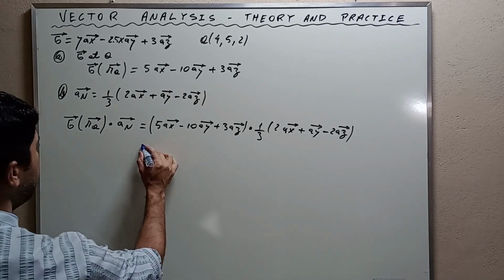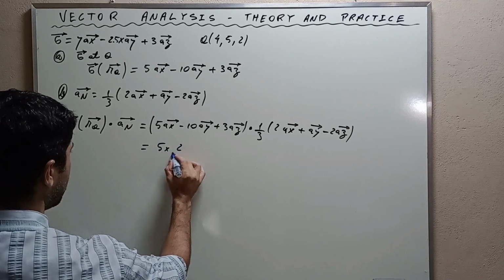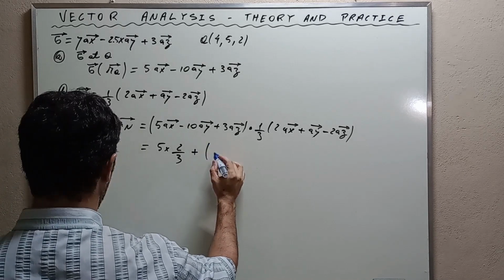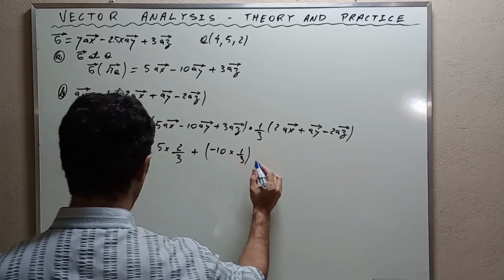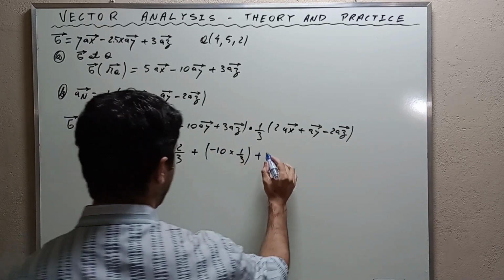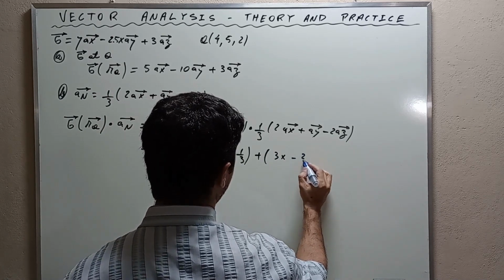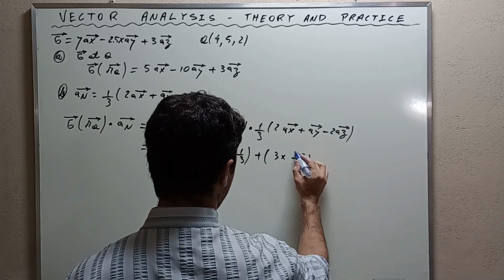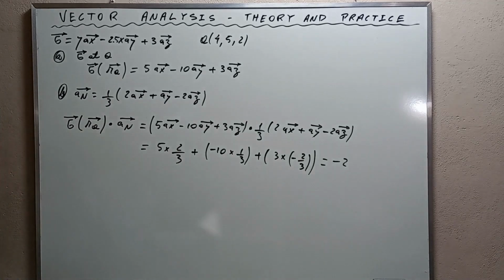Then it is going to be 5 times 2/3 plus -10 times a third plus 3 times negative 2/3. And this is equal to negative 2. This is the result of letter B.